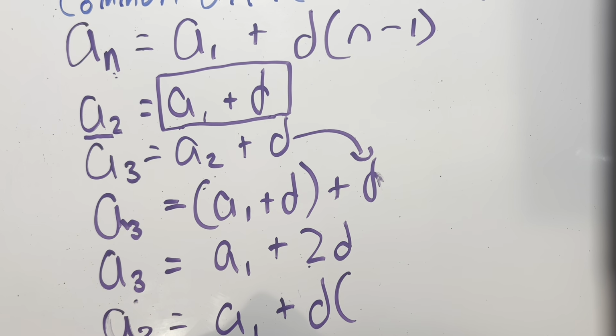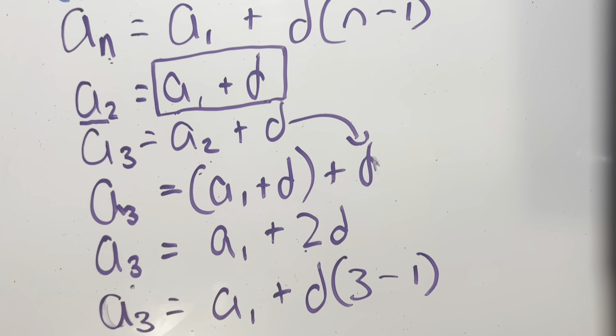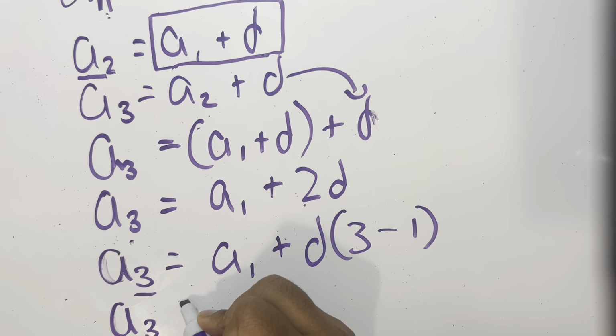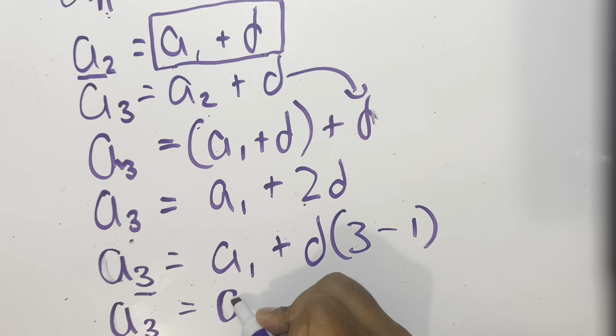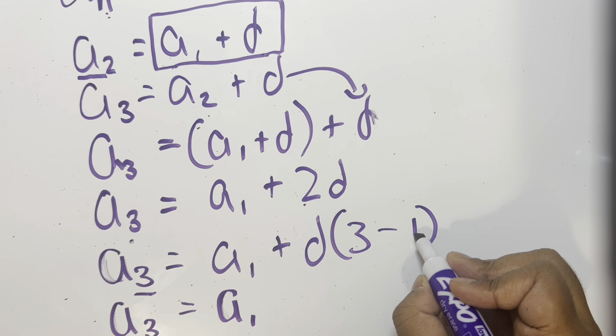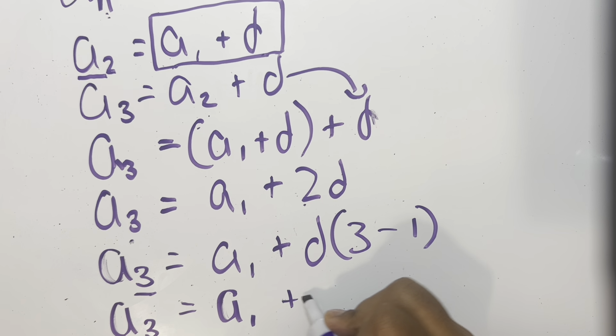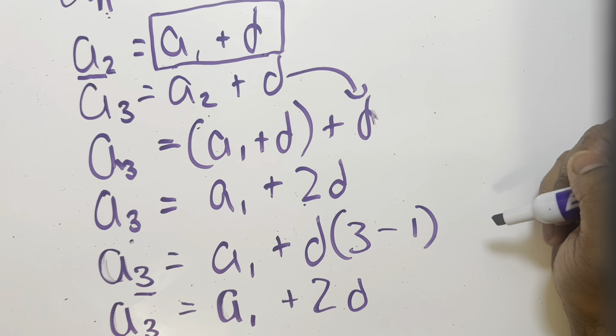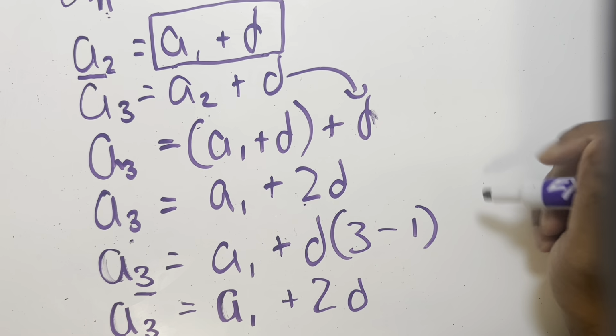Our n here is 3, so I'm going to put 3 here, the term number, minus 1. So I'm going to get a sub 3 equals a sub 1 plus 3 minus 1 is 2, 2 times d is 2d. As you can see, they match. That's why this formula works.